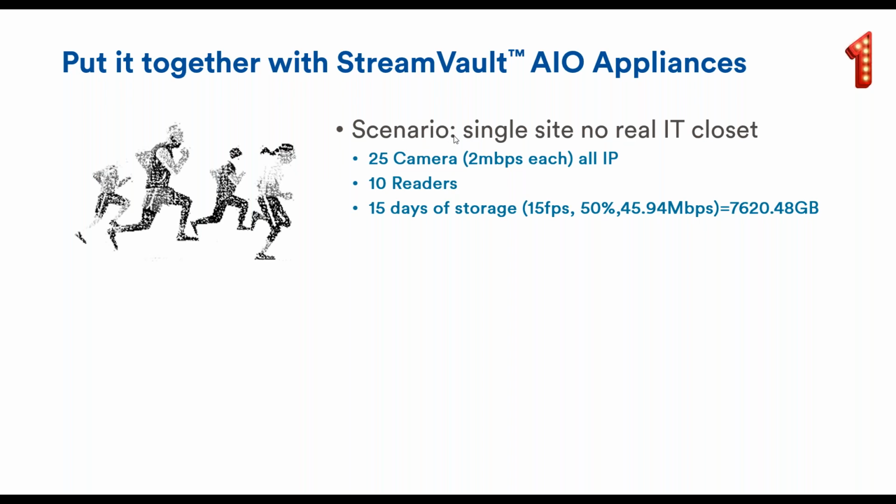So here we go, single site with no IT closet. 25 cameras, 2 megabit per second each. All are IP cameras, 10 readers, and we're using 15 days of storage. So we need to have at least about 8 terabytes of storage for that server. So that means the SV100 will not cut it because there are too many cameras and too much storage.